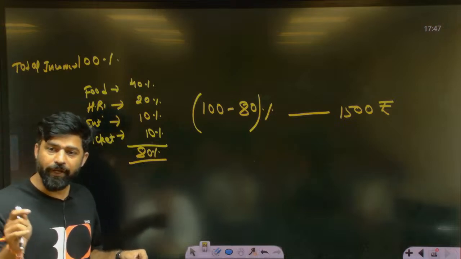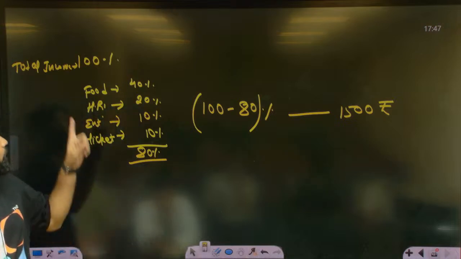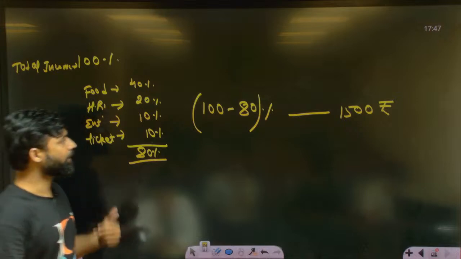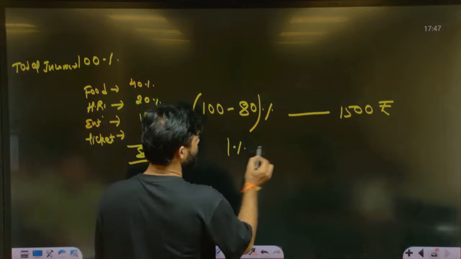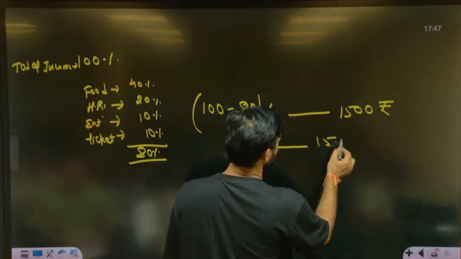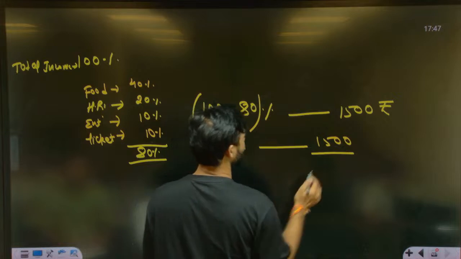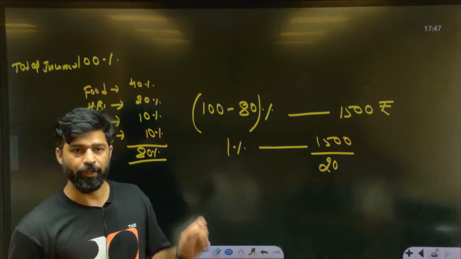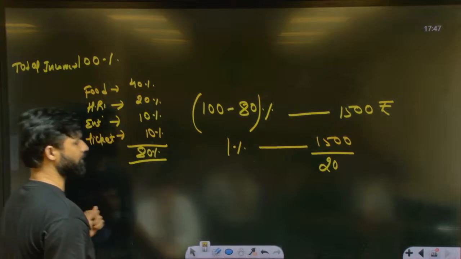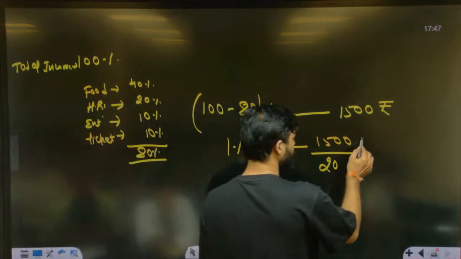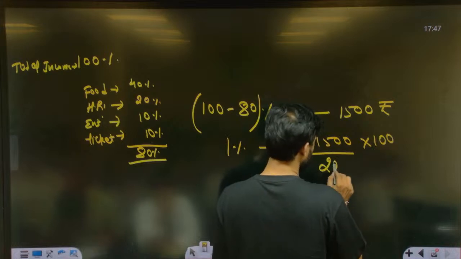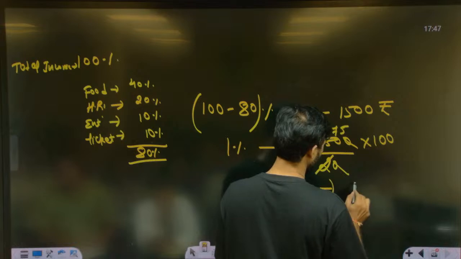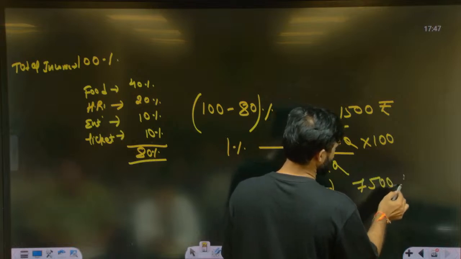If we have to find the total income, we have to find the value of 100%. Let's find the value of 1% first. So 1% is equal to 1500 divided by 20. And for income, we need the value of 100%, so we multiply it by 100. So her total income for the month was 7500 rupees.